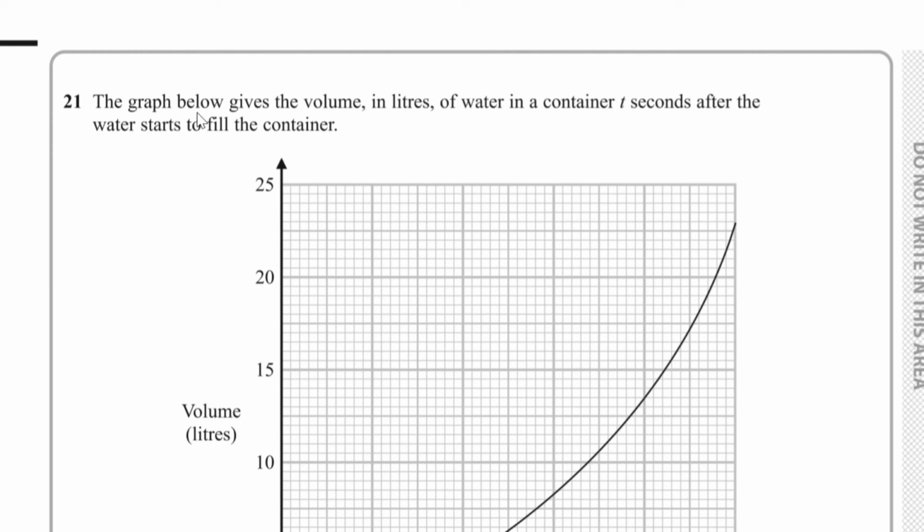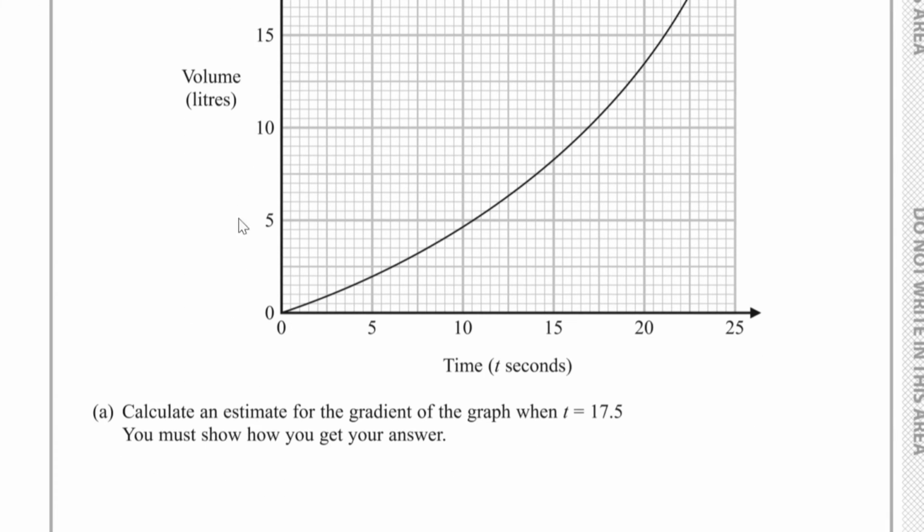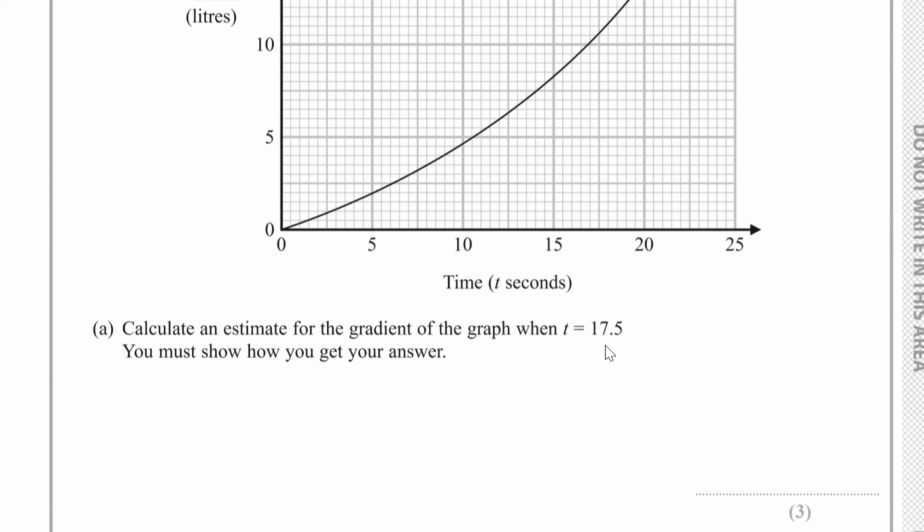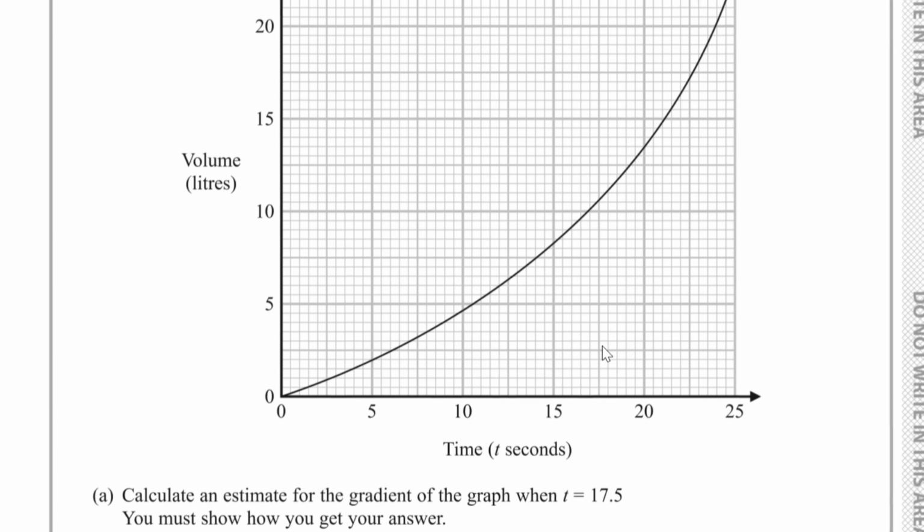Question 21. The graph below gives the volume in litres of water in a container t seconds after the water starts to fill the container. For part A, we have to calculate an estimate for the gradient of the graph when t equals 17.5. You must show how you get your answer. Well, 17.5, that's over here.